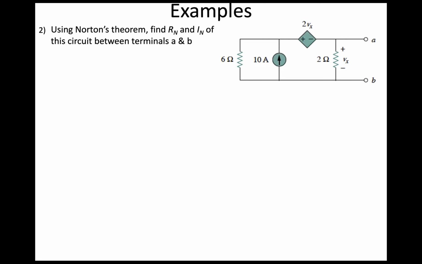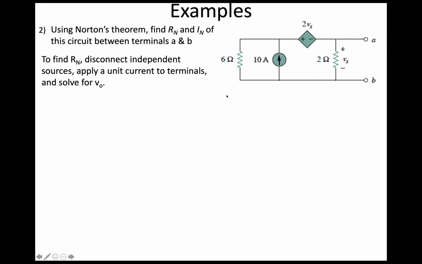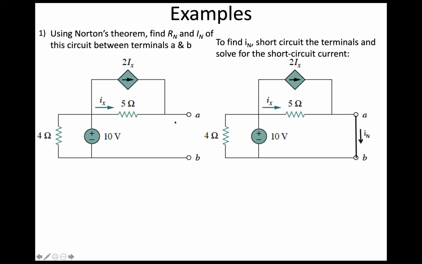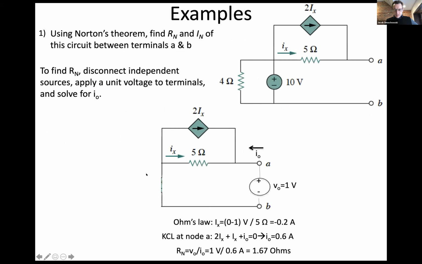Anyhow. I have a question about the example from before. Go ahead. The previous slide? Yeah, the previous example. When solving for Rn, how come the 4 ohms was not included? That's a good question, right?